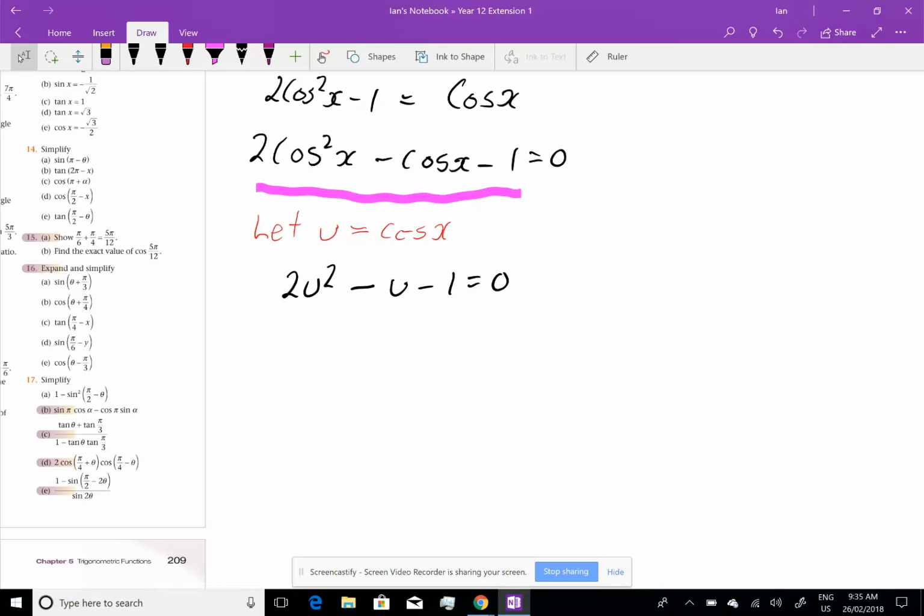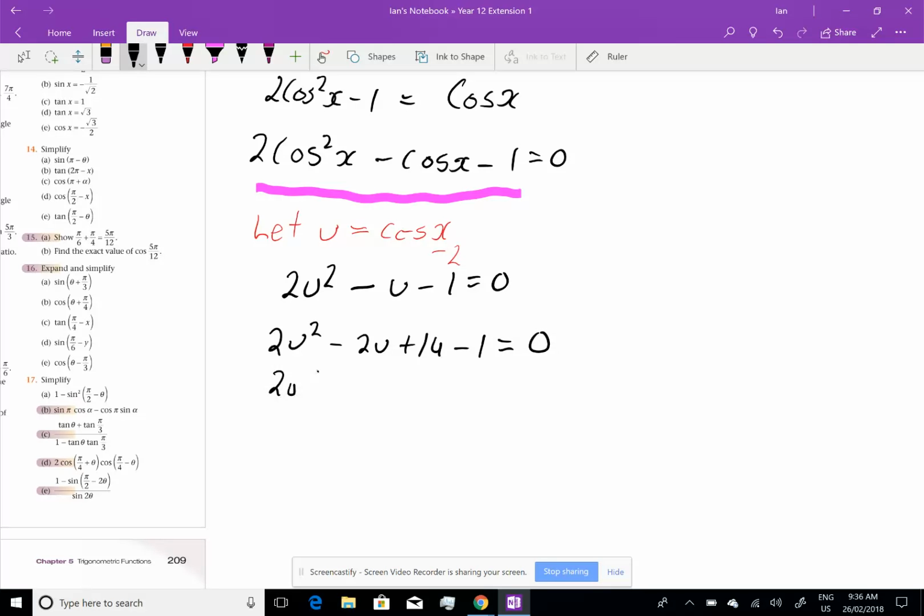And I solve this because I need something that multiplies out to minus 2 and adds up to minus 1. So 2u squared minus 2u plus 1u minus 1. Haven't changed the equation. This is our split method for solving.